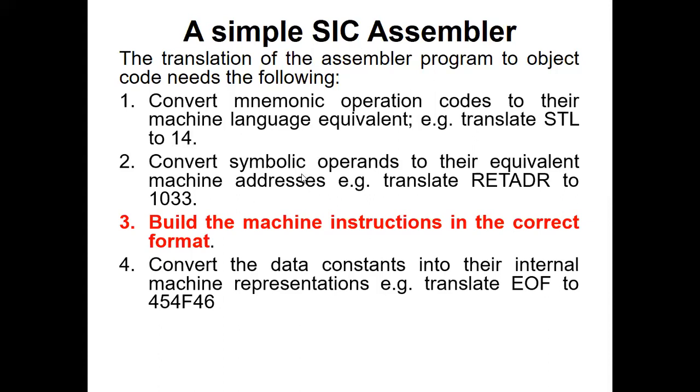Then you convert this operand from a symbol to the machine address, because in the program it is given as a symbol. So you find the address for return address, it is at 1033. Then you build the instruction in the correct format. The format is the opcode, the address, okay? And then the data, you find also its machine language equivalent.